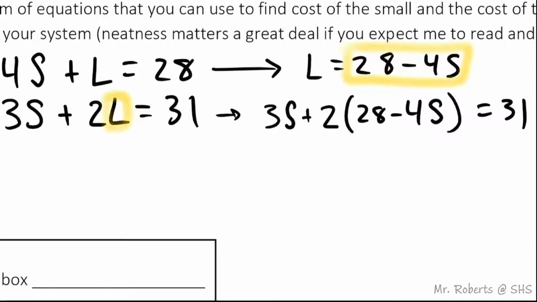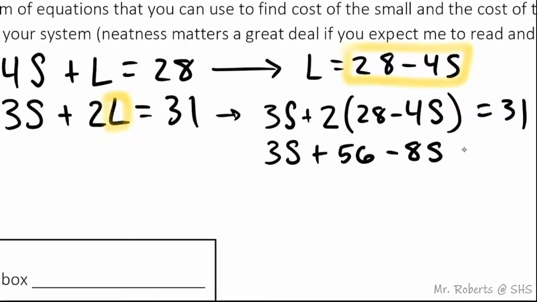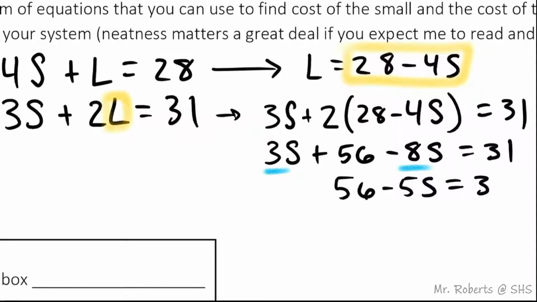Using the distributive property, 2 times 28 is, I believe, 56. So I've got 3s plus 56 minus 8s is 31. If I combine my terms with s, I've got 3s and minus 8s. That's going to become 56 minus 5s is 31.